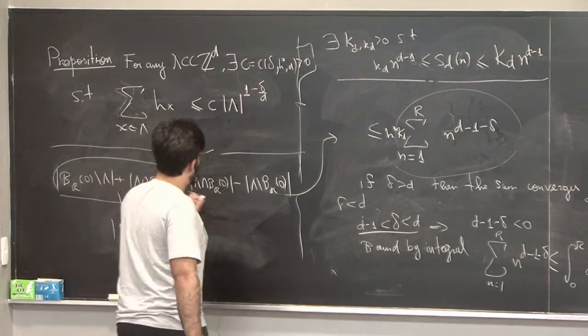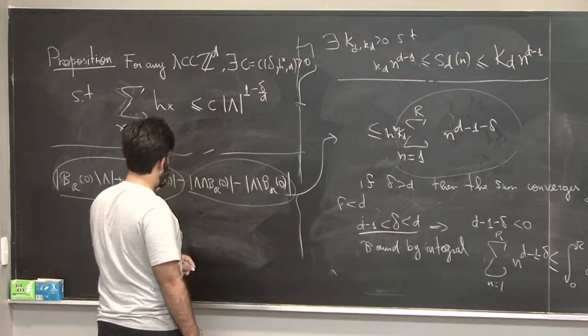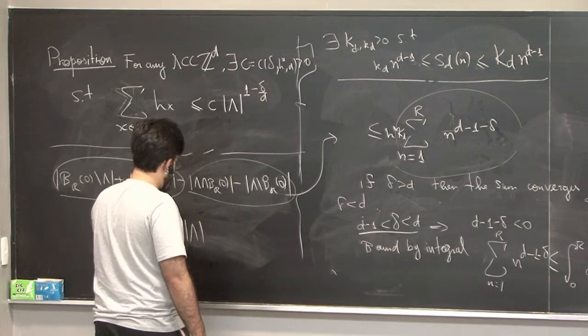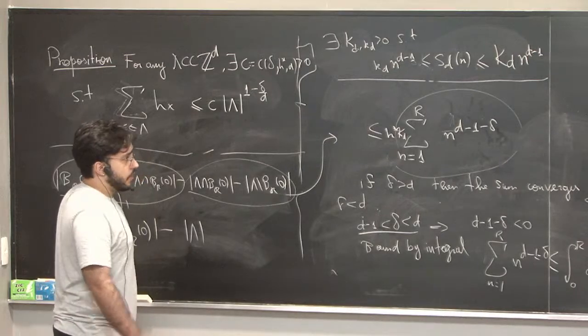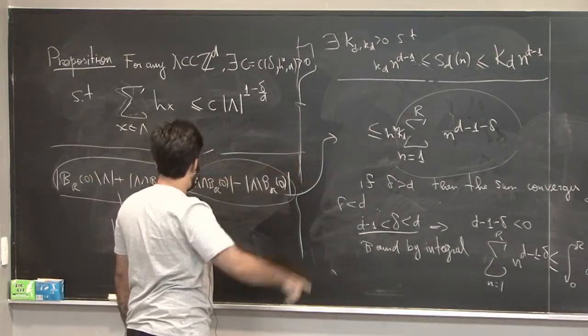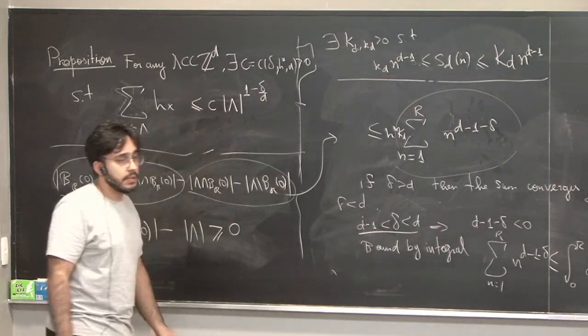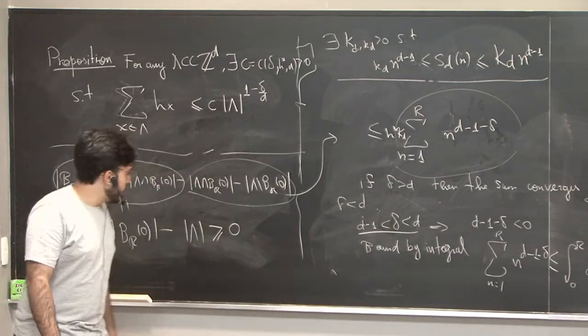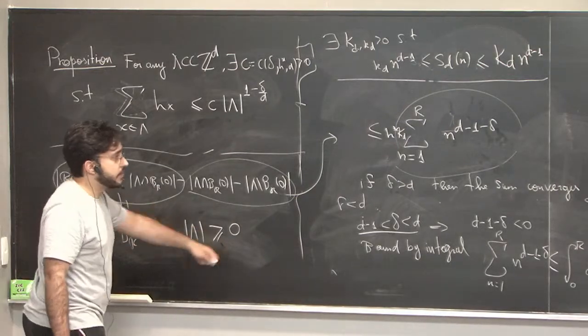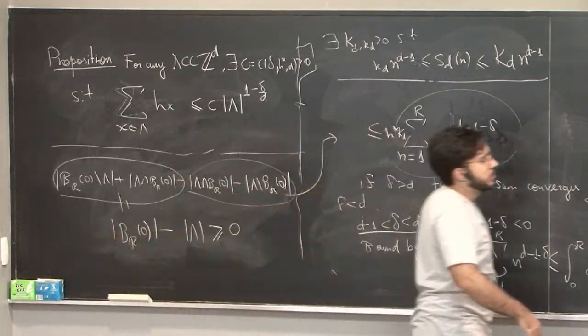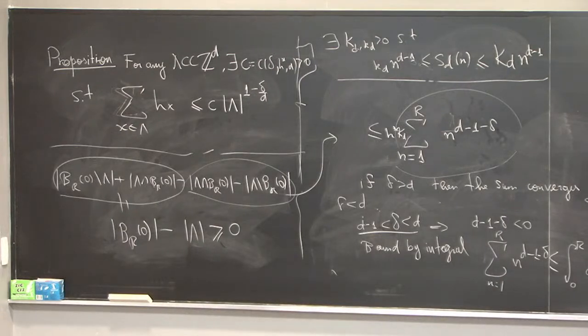And if I sum both of these quantities, I have minus the size of lambda. So in order for that thing to be positive, it is sufficient to have this difference being positive. So if I have this positive, this implies that this difference over here will be positive.